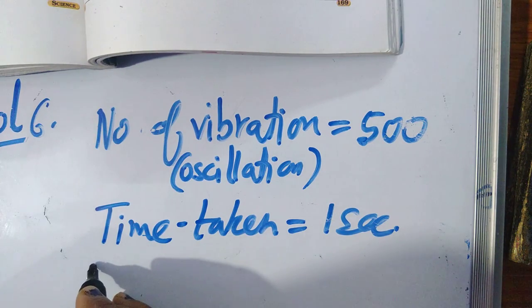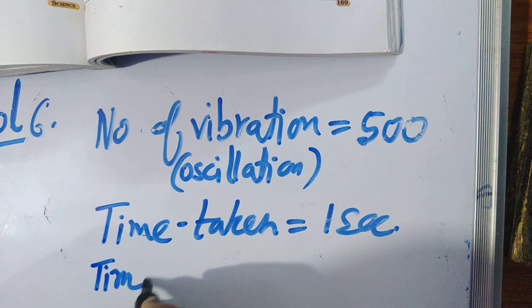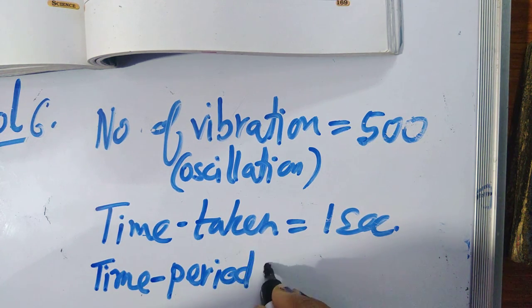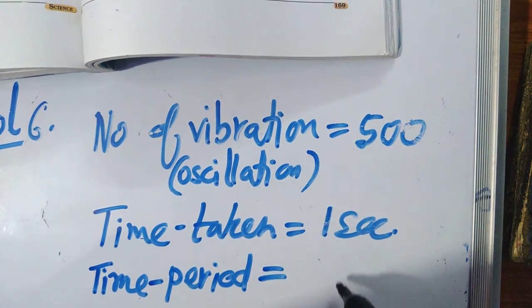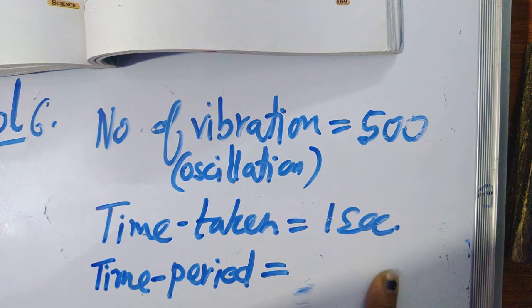Now write the formula for time period. Time taken is a different thing and time period is for that wavelength. As I had given you the diagram of wavelength, it was just like that. So there is a time period fixed for each wavelength.